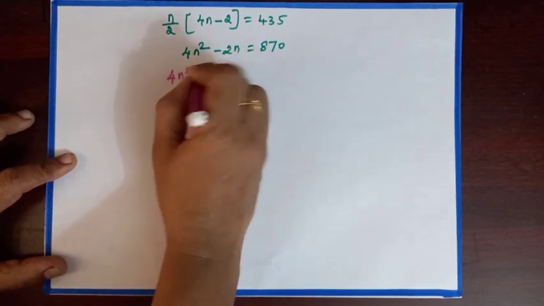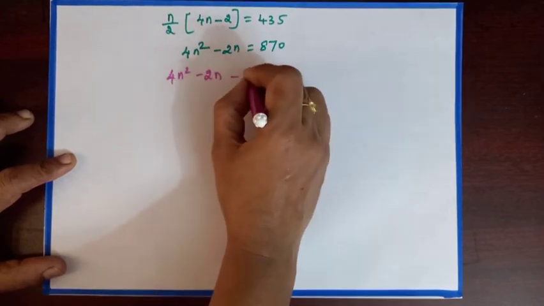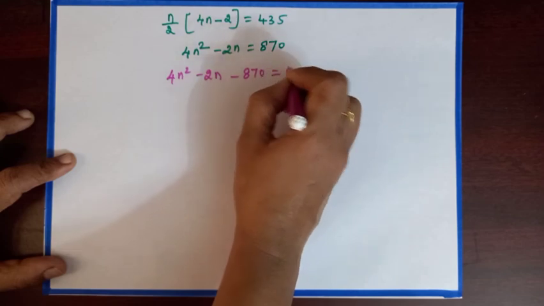Then 4n square minus 2n minus 870 is equal to 0.